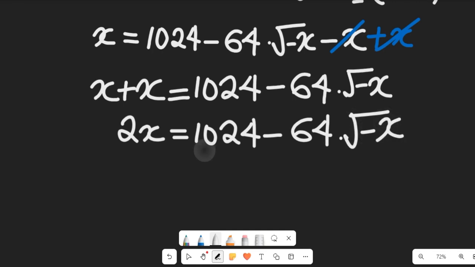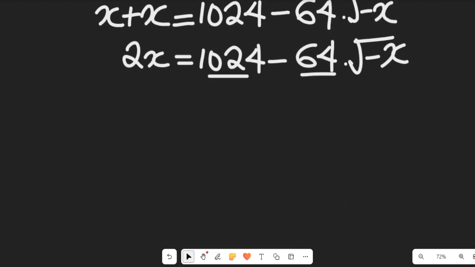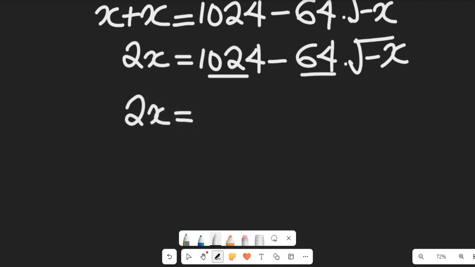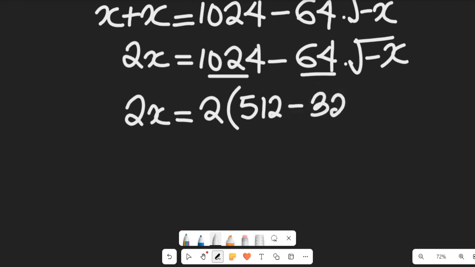Now this can be simplified because they are perfect factors of 2. If they are factors of 2, I can factor out 2 to make it easier: 2x is equal to 2 times (512 minus 32 multiplied by the square root of negative x).